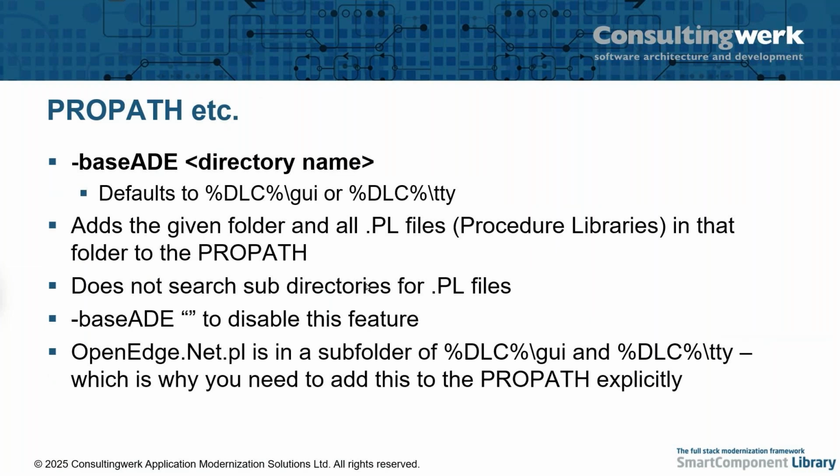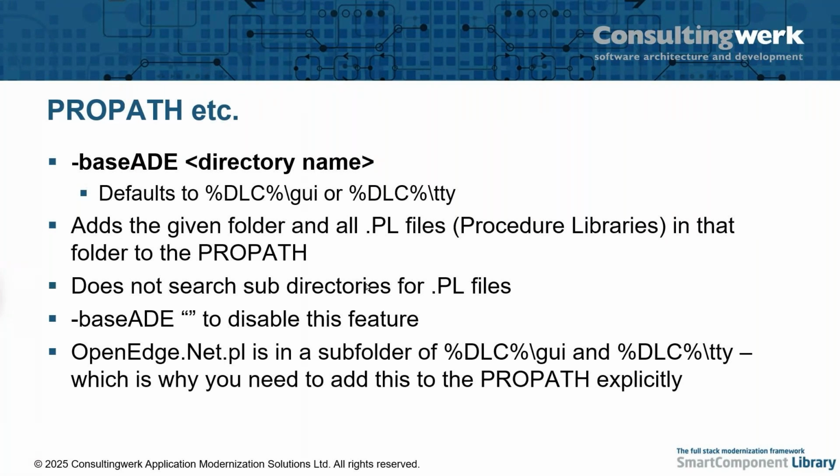Related to the PROPATH is the -baseADE startup parameter. The -baseADE startup parameter, I think, was introduced with one of the early OpenEdge 10 releases, so it's been there for quite a while. That points to a directory name. And when that is provided, Progress adds all the PL files automatically to the PROPATH, and that folder is also added to the PROPATH.